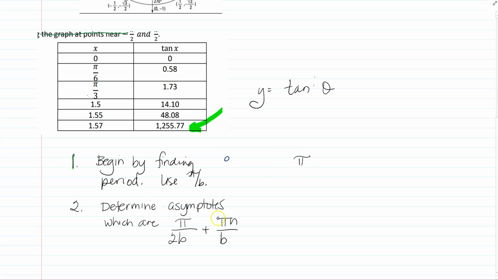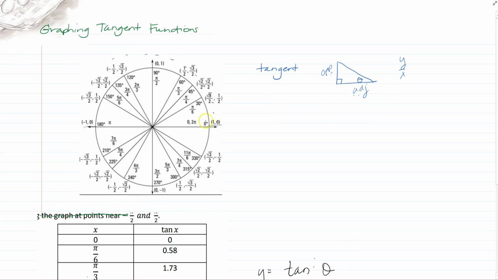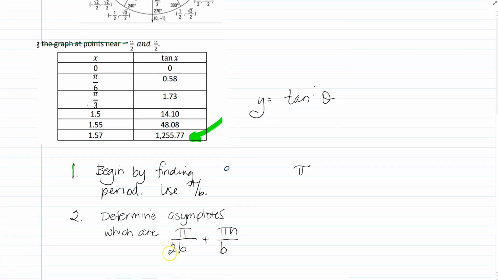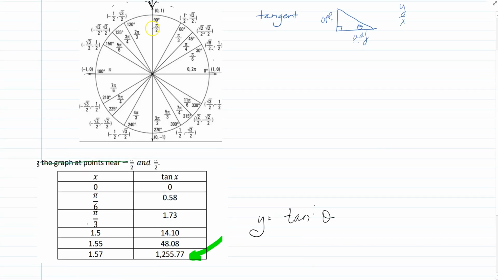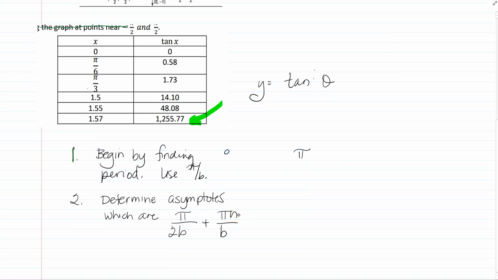Now to determine the asymptotes, which are pi over 2b plus pi over nb, let me explain. Since I know that it's undefined here, I'm looking for those undefined places. And it's every pi over 2, which is where you're getting this pi over 2 divided by the b, because you're finding the period there. So for every period it's pi over 2, and then every pi after that.